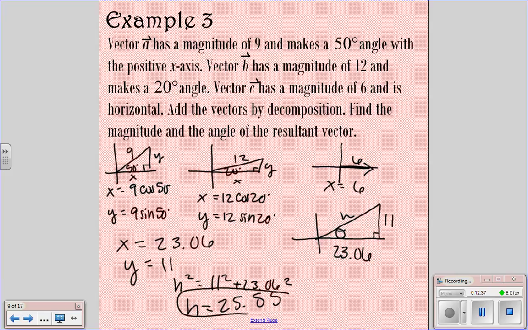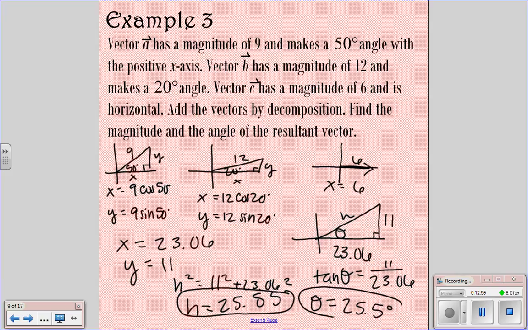That would be your magnitude here. And then the angle, we're going to do tangent of theta equals opposite over adjacent, so 11 over 23.06. So you're going to do tangent inverse of this number, and you should get 25.5 degrees. And so that would be your angle there.